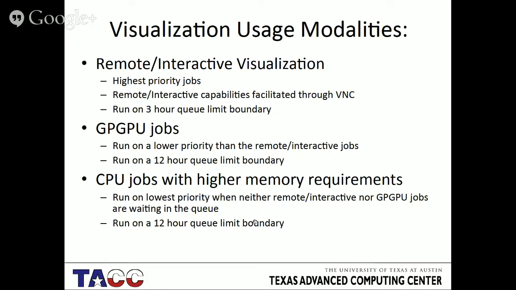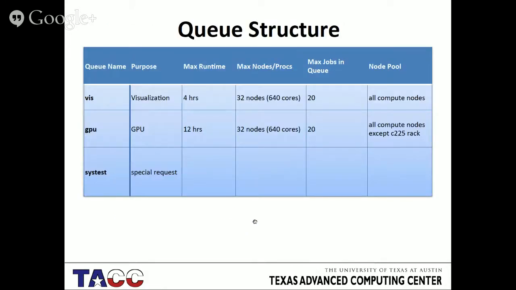We have a special queue for special requests for anybody who needs to run outside of 12 hours and either needs the GPUs or the larger memory per node. This has more memory per node than the other systems. But special request also means short term, as in we'll put you in this queue for maybe a week, at most a month, and then we'll take you out.